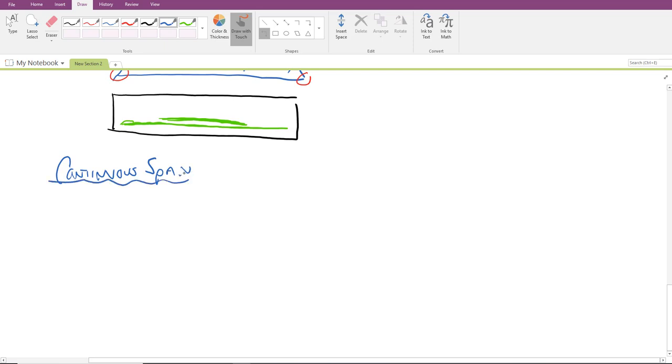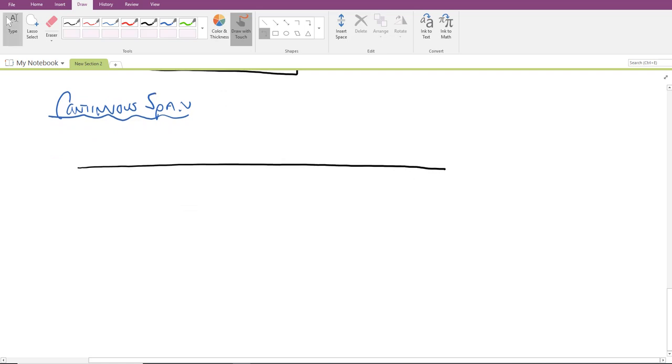If we consider a continuous span, again, I'll draw the moment diagram for you here. Maybe it'd be easier if we drew the beam first. I'm only going to draw that much of the beam for now because I've got another thing I want to show you with it. Well, actually, we'll do the whole thing.